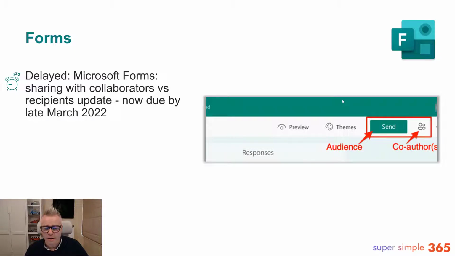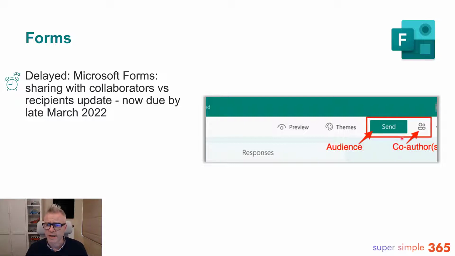So I do apologise. Let's start off with Microsoft Forms. This has been delayed. This is basically the sharing with collaborators versus sharing with your recipients update. So it's been split out, and I looked at this a few days ago, and it has come in for me, but it may be as late as March for the rest of us.